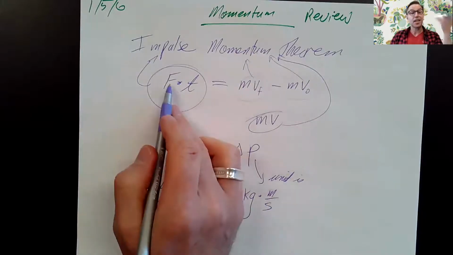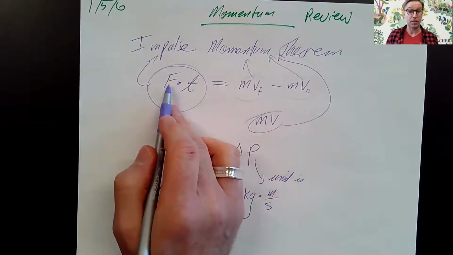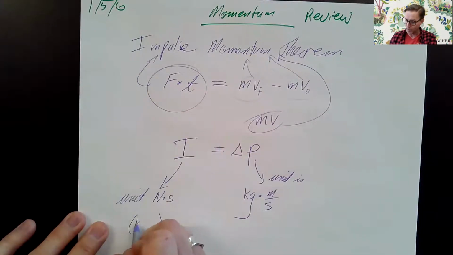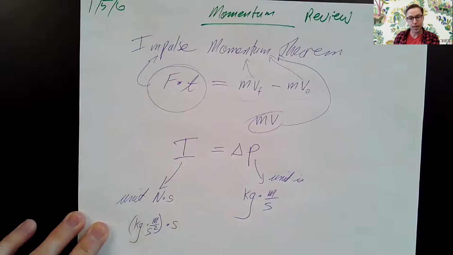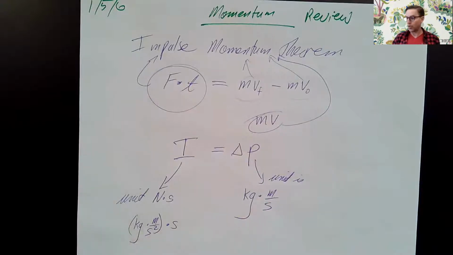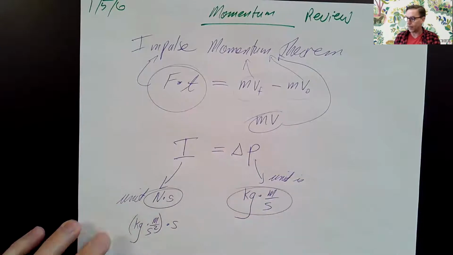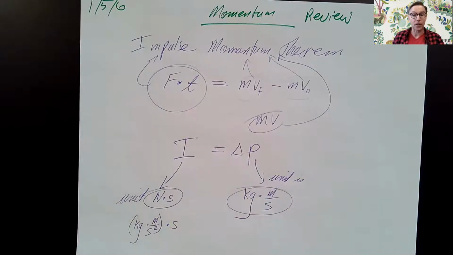Since force is mass times acceleration, the unit for force is the unit for mass times the unit for acceleration, meters per second squared. And this s cancels one of these s's, and we get kilograms times meters per second. So newtons times seconds and kilograms times meters per second are equivalent, same thing.